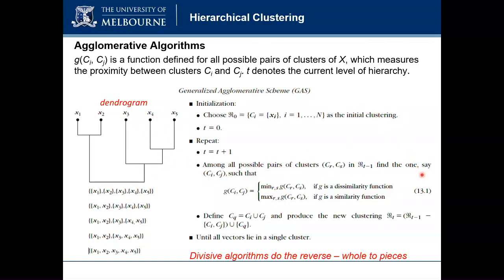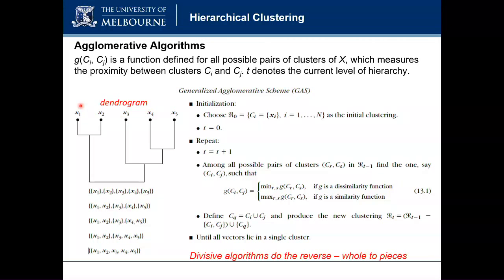Among all possible pairs, these are the pairs that are closest to each other, then you end up with these pairs, then those pairs, so actually you end up with one big cluster. So this is kind of finding almost all possible clusters. I don't think this will scale after a point if you have too many data points. But it also gives you a visual picture, called a dendrogram.